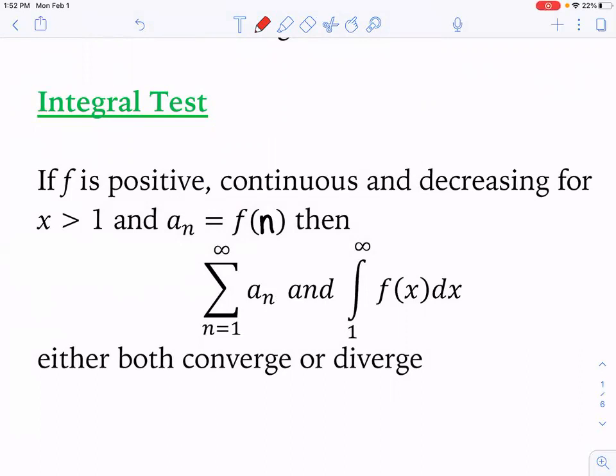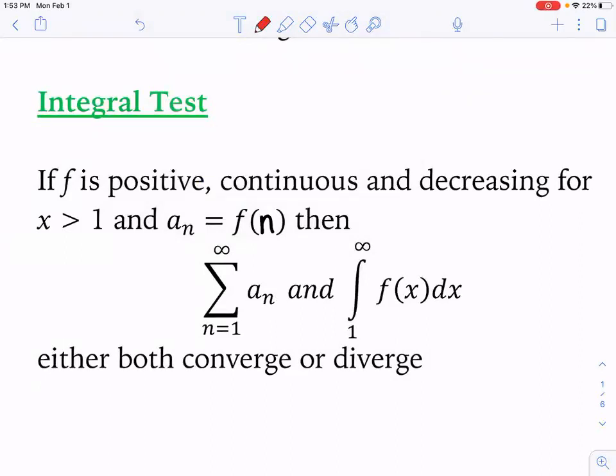What would be a really easy way to show me that? Take the derivative, make sure it's negative. Once you've made sure that our function is continuous, positive, and decreasing, then we can convert our series to an improper integral. If this improper integral converges, then so does the series. If this improper integral diverges, then so does the series.